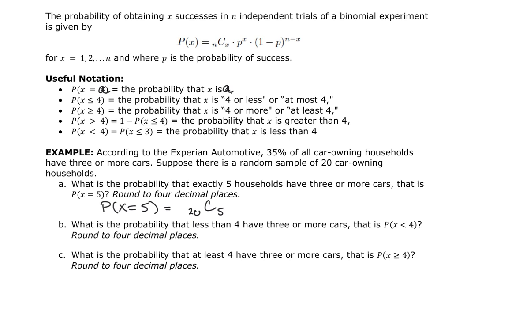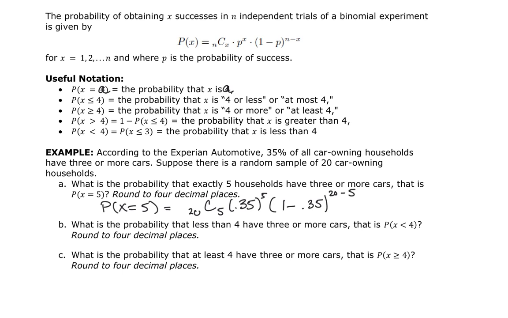The probability of success is 0.35, and it will be raised to the 5th power. And then I have 1 minus 0.35. This is my q. And then I'm going to have the 20 minus 5. Now, I can put that in my calculator, but I said there's another way of doing that.